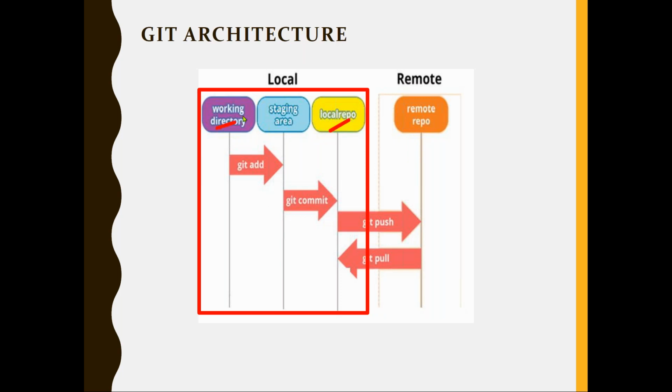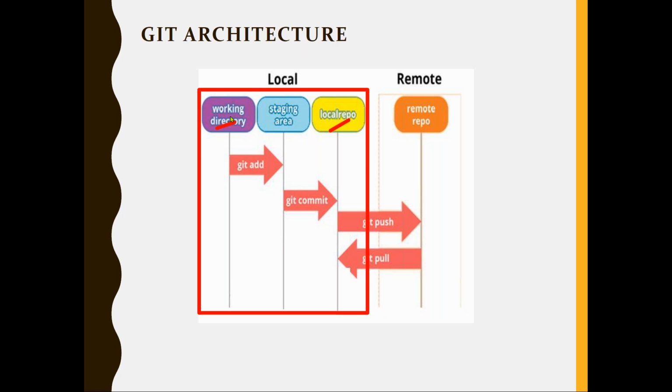Then there is another directory called the working directory, where we make some changes. From the working directory, we push those changes to the staging area. Imagine the working directory is some folder. If you are a Windows person, consider it a folder; we call it a directory in Linux.